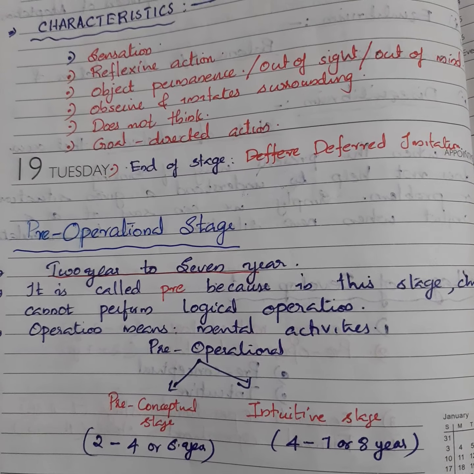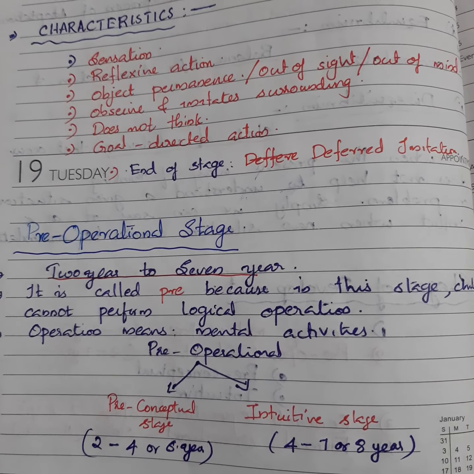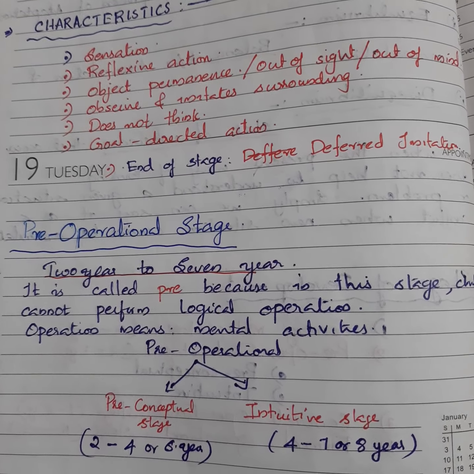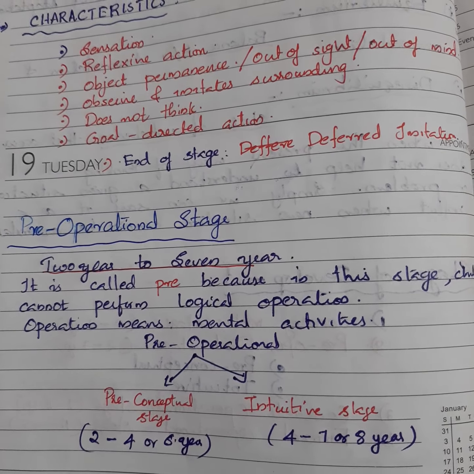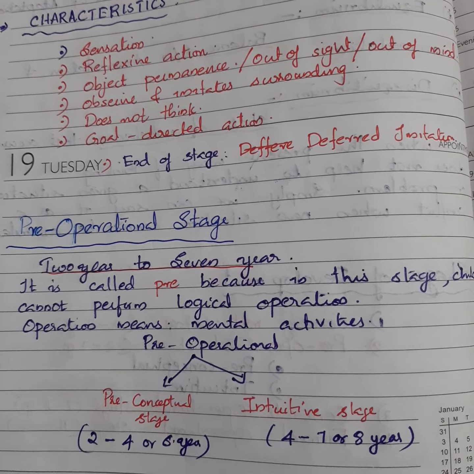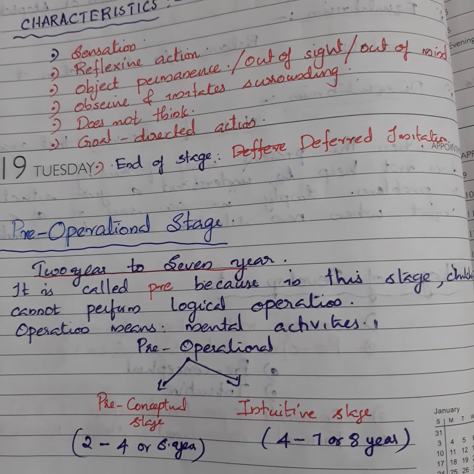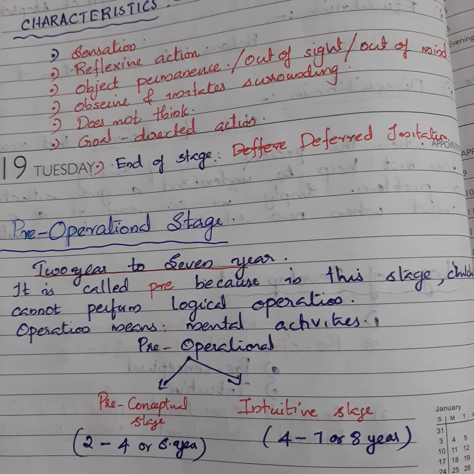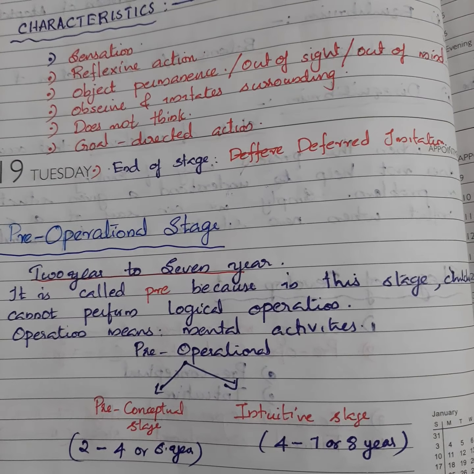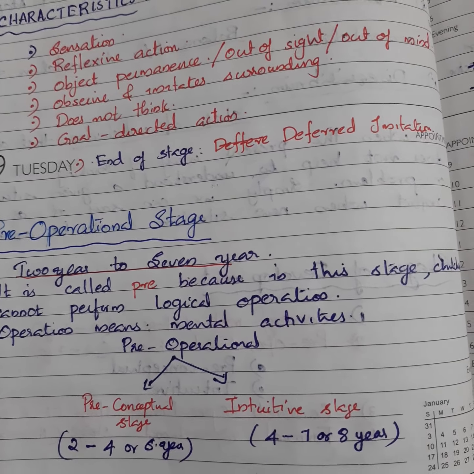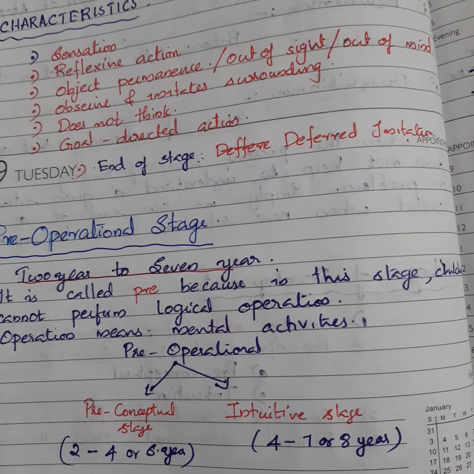This stage is categorized in two parts. The first part is called pre-conceptual stage, and it starts from the age of 2 to 4 or 6 years. Next is intuitive stage, and it starts at the age of 4 to 7 or 8 years.